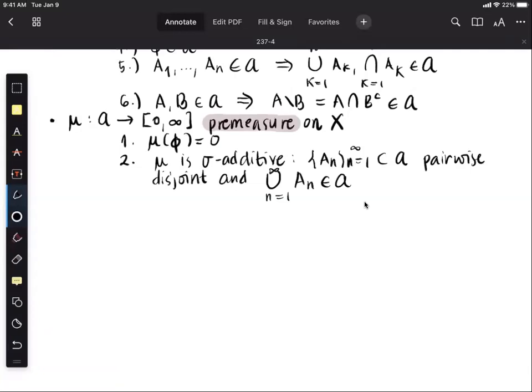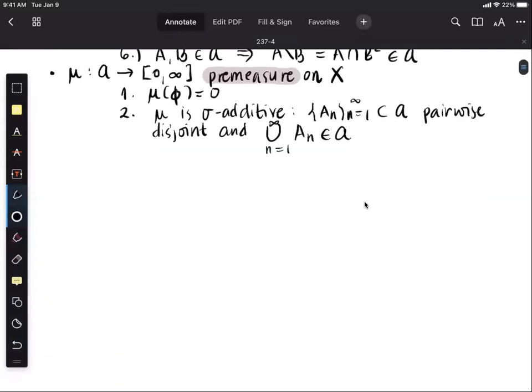This property is satisfied if you have a sigma algebra, but in this case we only have an algebra. So if you have a countable pairwise disjoint collection of elements in the algebra having a union in the algebra, then the pre-measure of the union should be equal to the sum of the pre-measures. And this is sigma additivity.